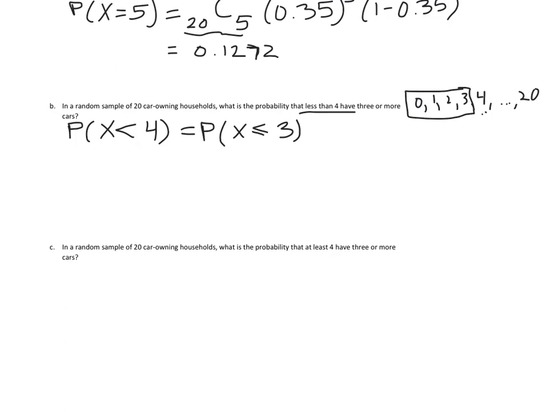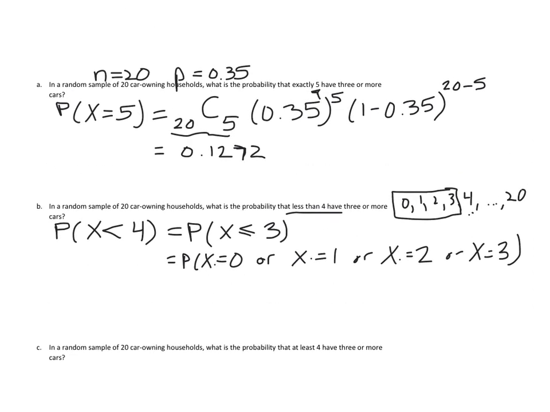If x is less than or equal to 3, it's the same as saying that x is 0 or x is 1 or x is 2 or x is 3. So that's 1, 2, 3, 4 probabilities we'd have to add up. That's what we were doing in part A. We would have to do part A 4 times and then add it up. Okay, we could do it. It would just be a little bit tedious. So we're going to take a break here, and we're going to look at our calculator.